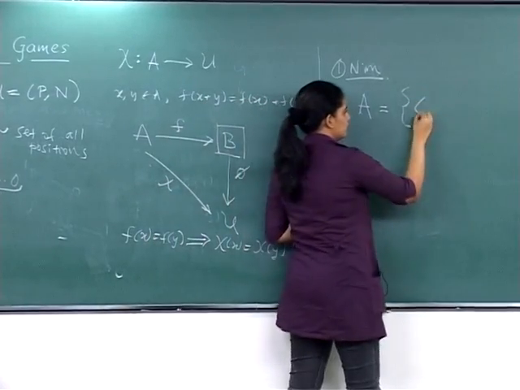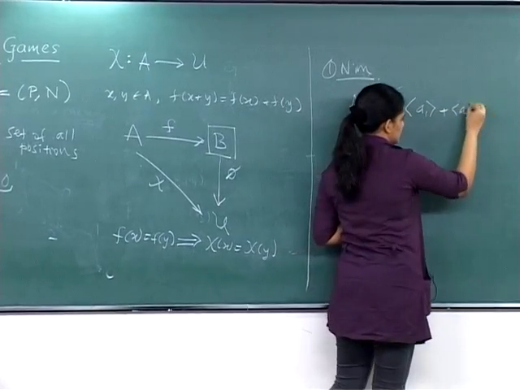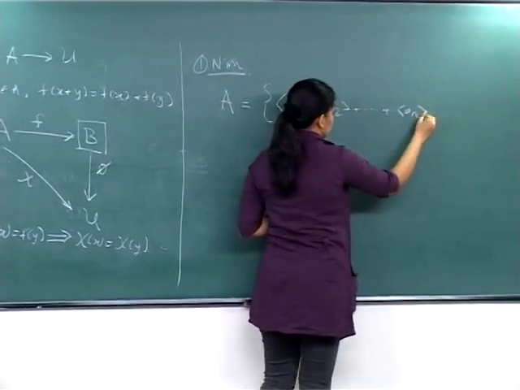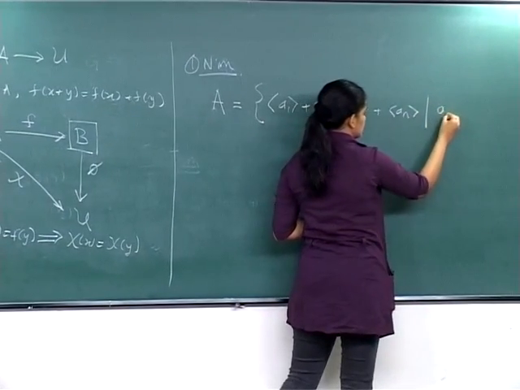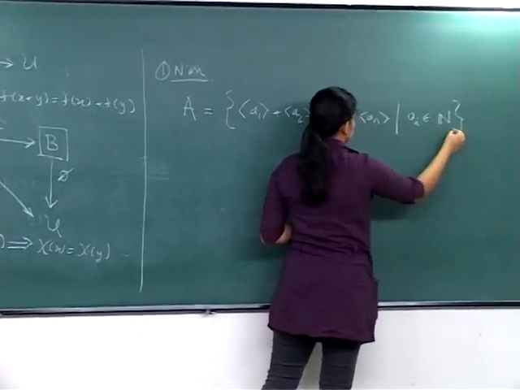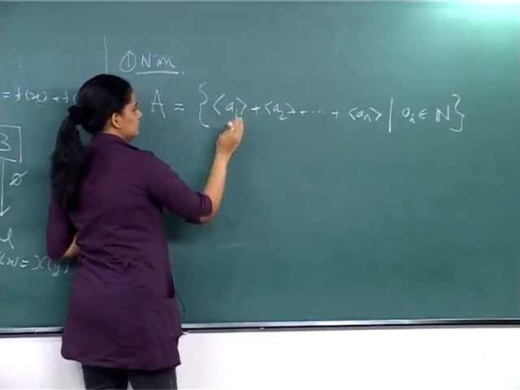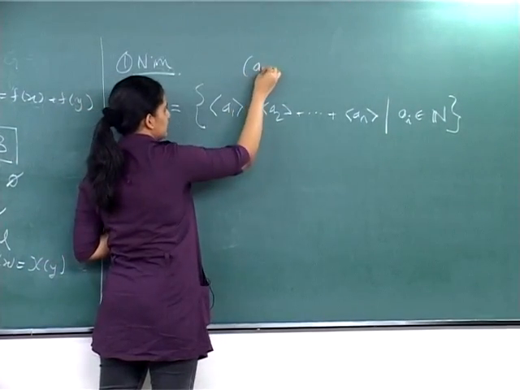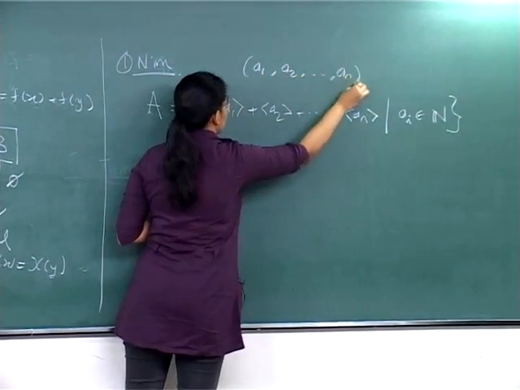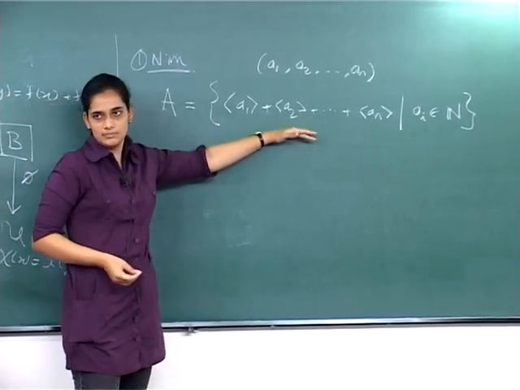So for example, A will be a set like this, A1, A2 up to AN, where all Ai belong to the natural numbers. This element corresponds to the nim game where you have n piles, each having Ai counters. So this is the way I represent my nim game.